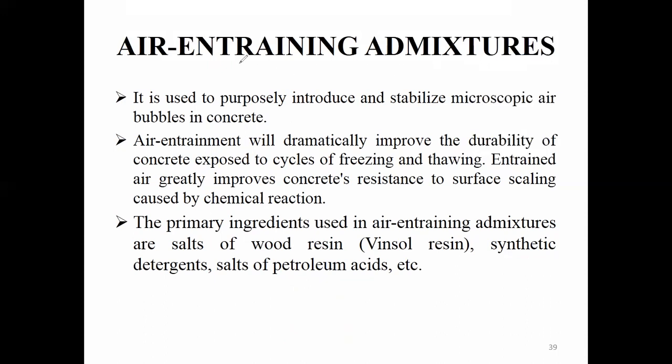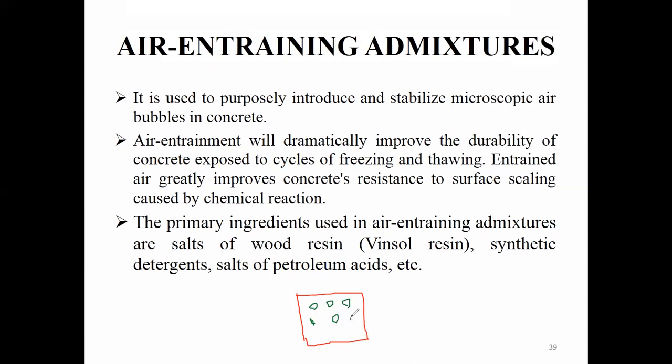Then you will be thinking, why are we adding these air entraining admixtures, which means we are incorporating some amount of air into the concrete? Now again take a concrete surface. In this air entrained concrete, these pores will be placed uniformly.